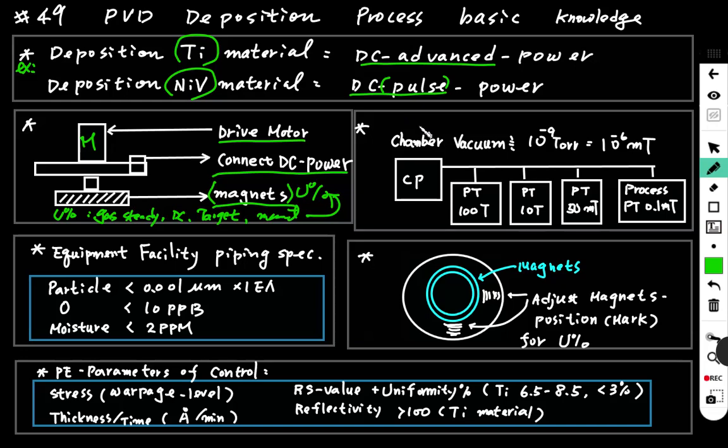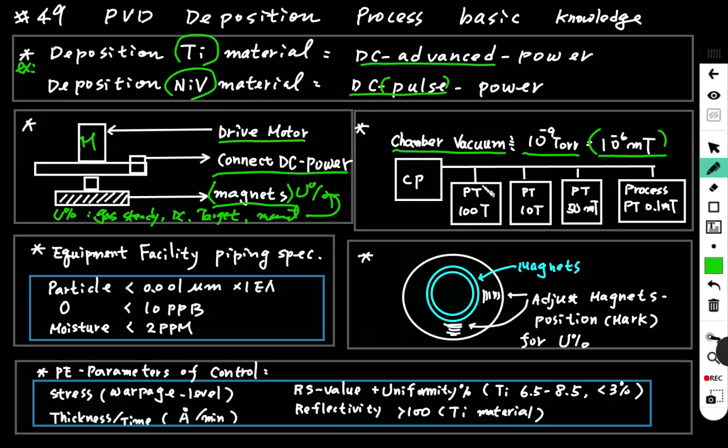PVD uses the chamber braking system like others. The process braking level goes to approach 2, this level is very low.